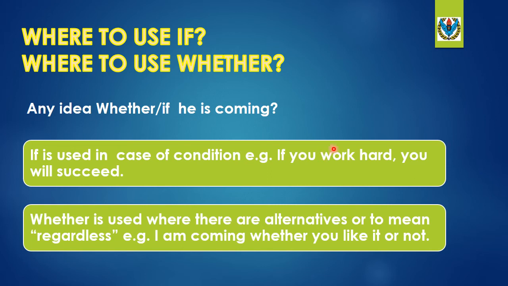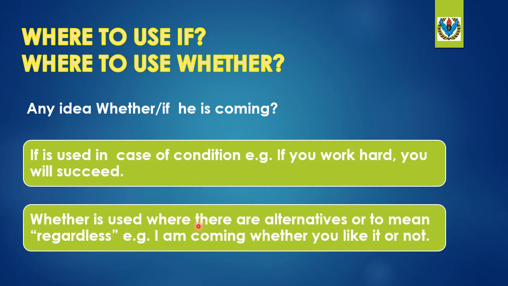See, if you work hard, action B is dependent on action A. These types of sentences are called conditional sentences. You have learned conditional sentences in your class 9th. So if there is a conditional sentence, with two clauses and one action dependent on the other, we won't use whether here. If is used in case of condition.